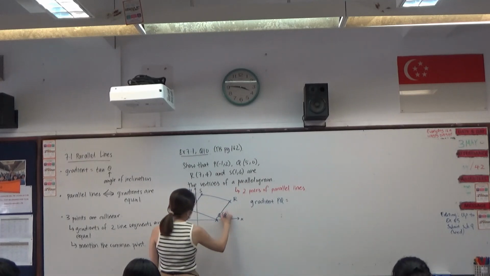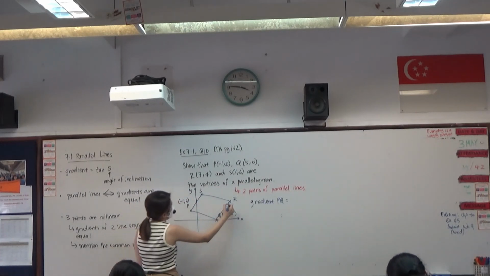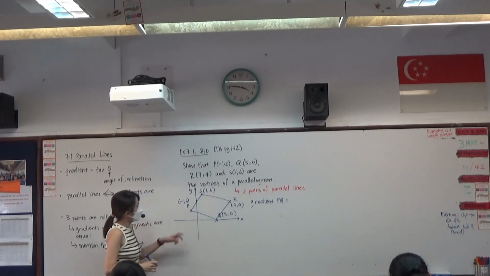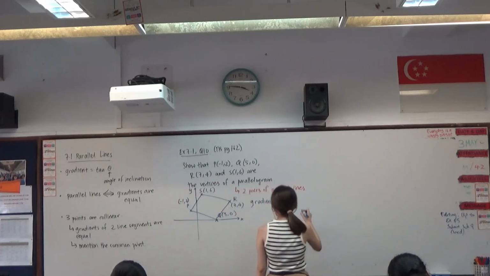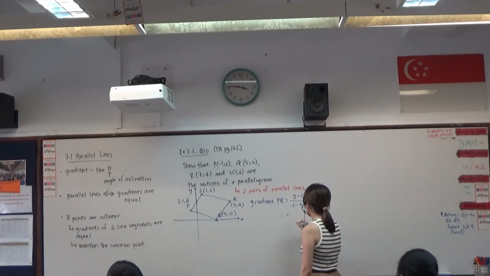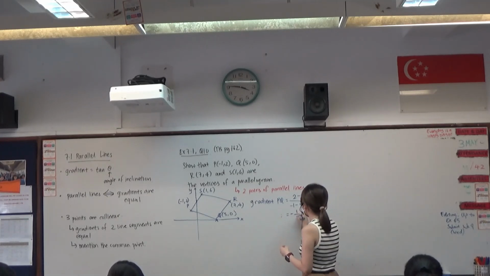So maybe I'll put in the coordinates here for easier reference. So gradient of PQ, that will be 2 minus 0 over negative 1 minus 5. So that will give us 2 over negative 6, negative 1/3.